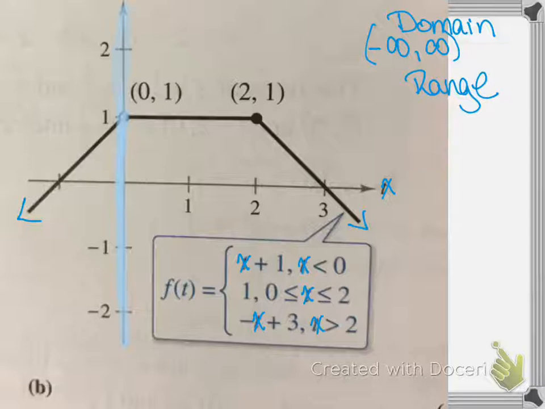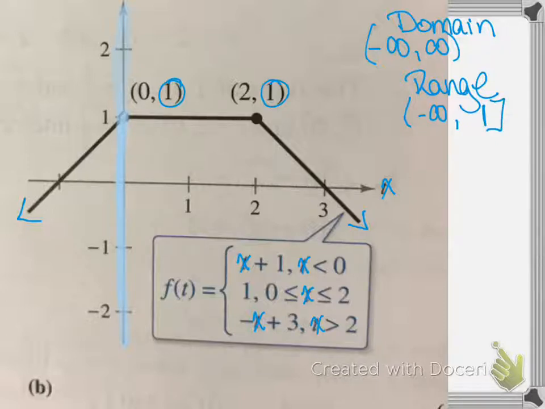Negative infinity. How far do my y values go? To positive 1. When I am dealing with my range, you are focused on the y values. So my range for this is negative infinity to positive 1. Is positive 1 included or not included? It's included.